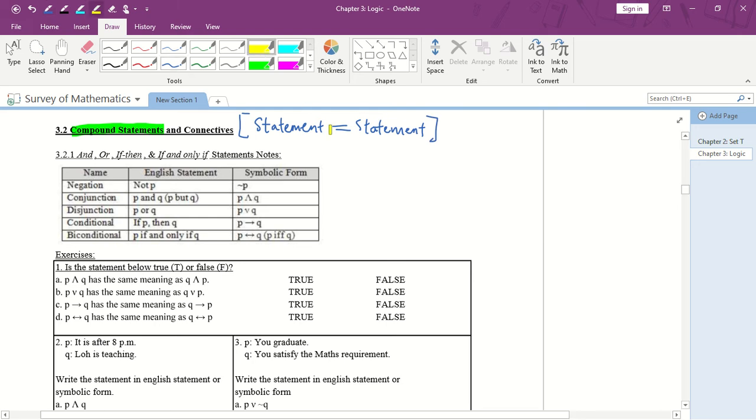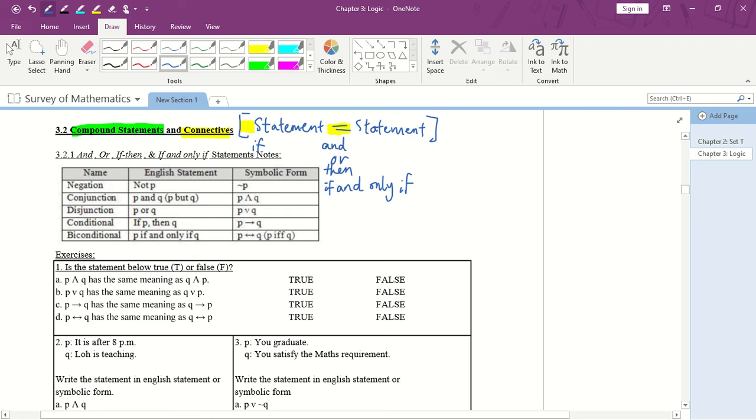And how we connect them, we are using something called connectives. So what are connectives? Connectives are words like and, or, and sometimes it becomes if then, or sometimes if and only if.